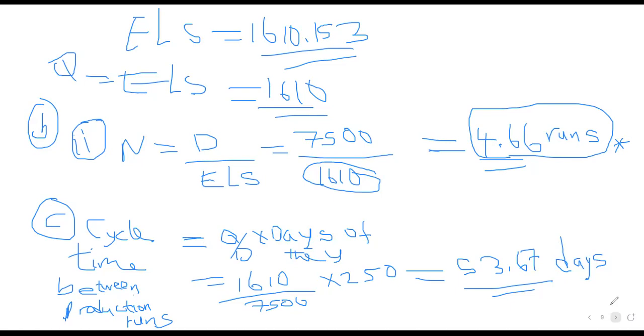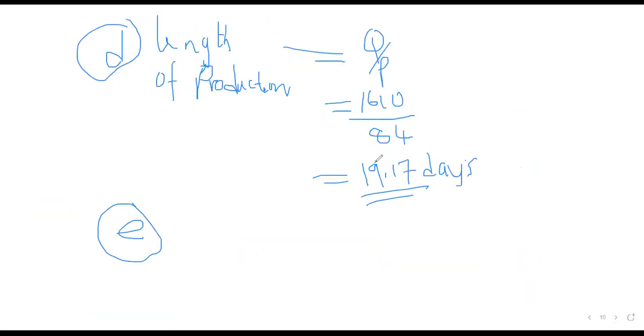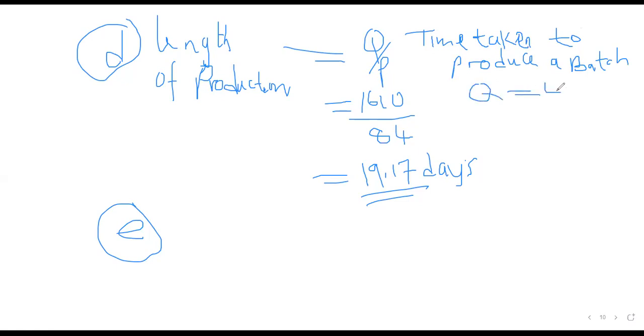The other one we are getting down to is the length of production run, the time taken to produce a batch. Which batch? To produce the 1,610, because our Q is the economic production size, the economic lot size, which is 1,610. On a daily basis, we are producing 84 units.